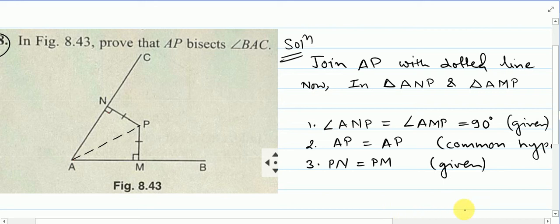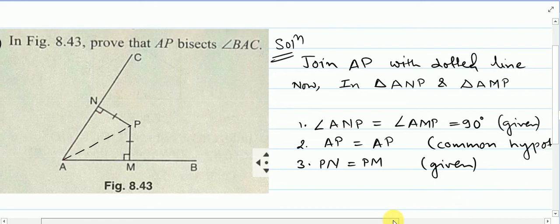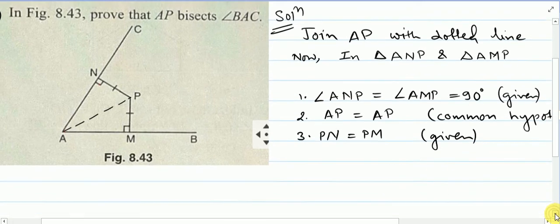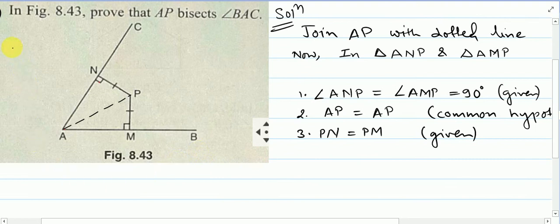There was one axiom which says RHS, right angle, hypotenuse and one side. Here you can see right angle, right angle, hypotenuse common for both, then one side.